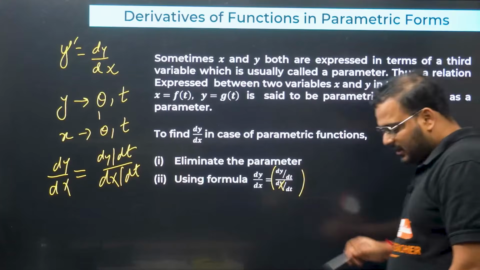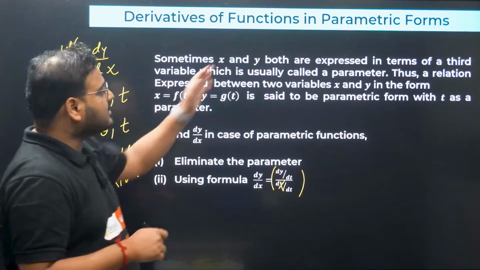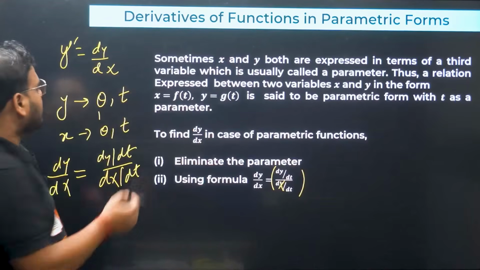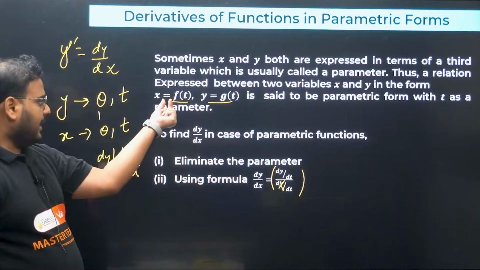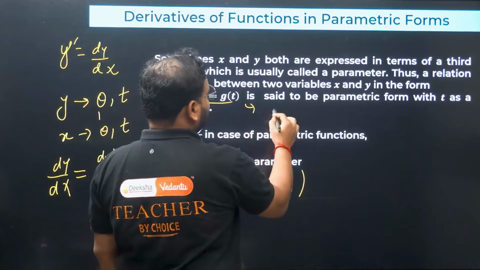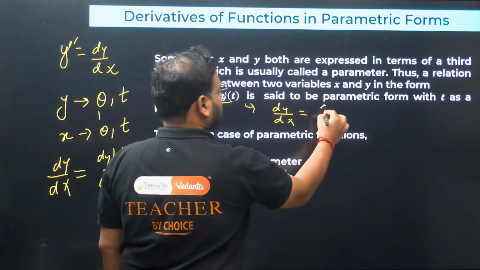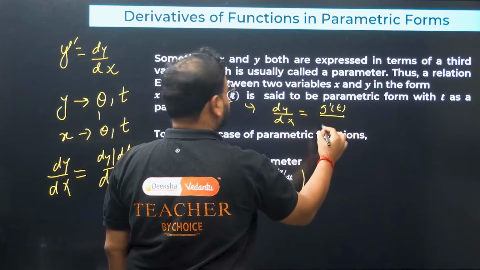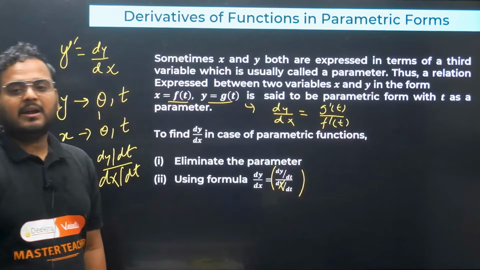That is going to be the result based upon the derivative of functions in parametric form. So x is a function of t, y is again a function of t: x is f of t, y is g of t. What is going to be the answer? Your dy by dx will become g dash t upon f dash t.